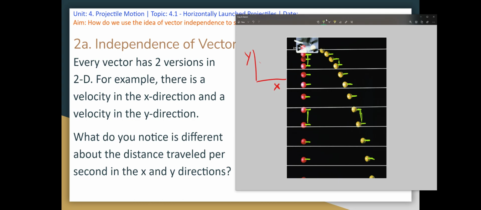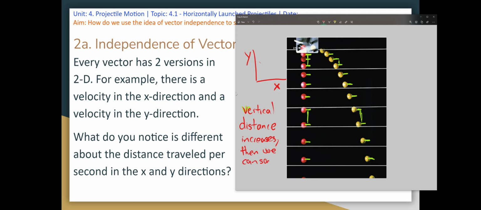And if my vertical distance increases here, then we can say that my object is accelerating.